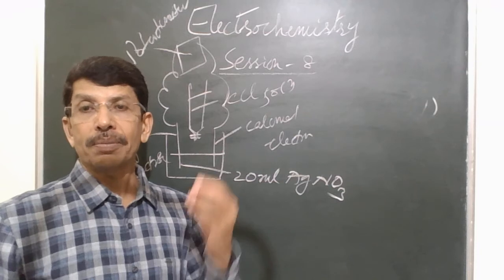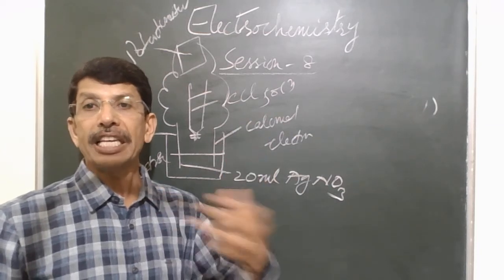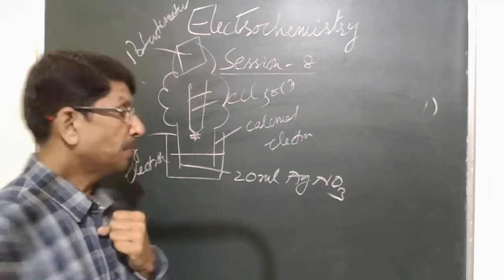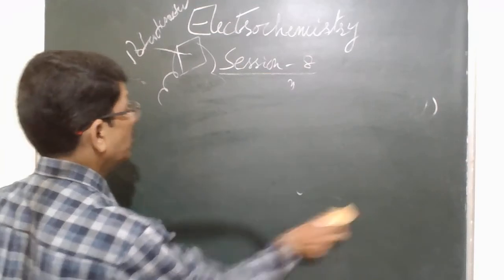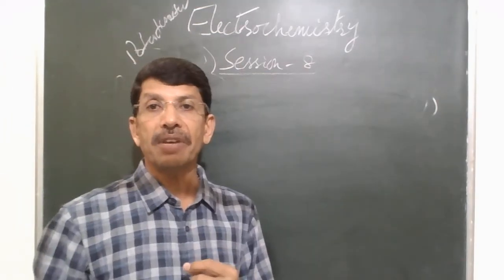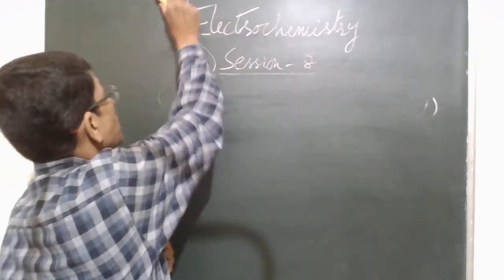And by adding 0.1 ml of standard KCl solution from the burette each time, EMF of the solution can be determined. Then from the graph of EMF versus volume of KCl added, we can determine the amount of silver nitrate or the amount of silver ions present. Okay. So now let us see.